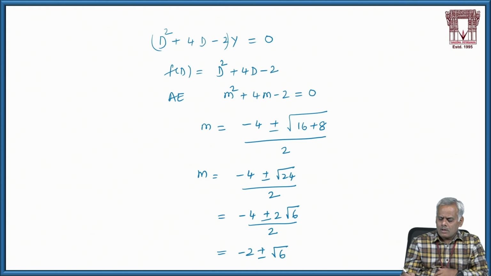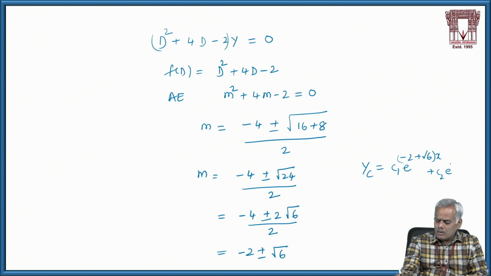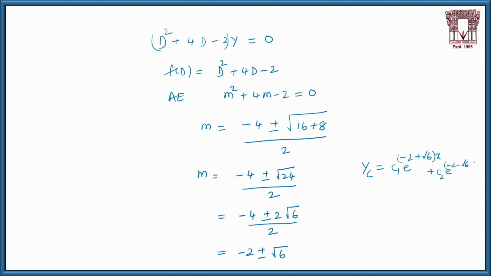So in this case, the complementary function is given by y_c = c1 e^((−2+√6)x) + c2 e^((−2−√6)x), or y_c = e^(−2x) [c1 cosh(√6 x) + c2 sinh(√6 x)].